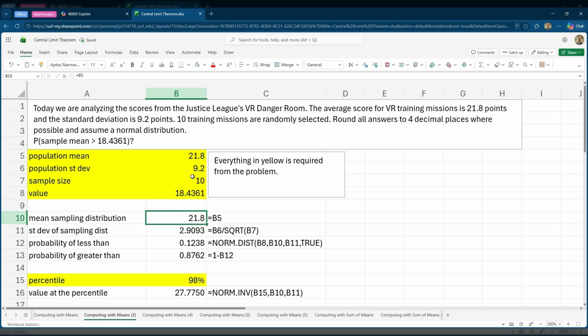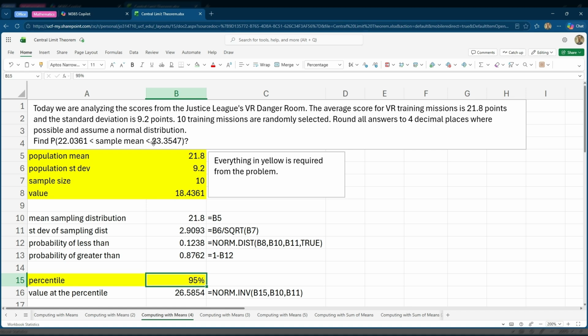And again, my mean stays the same. My sampling standard deviation is smaller. And then the probability that it's greater than is right here, the 0.8762. That's the greater than. So the calculator is really nice for this.